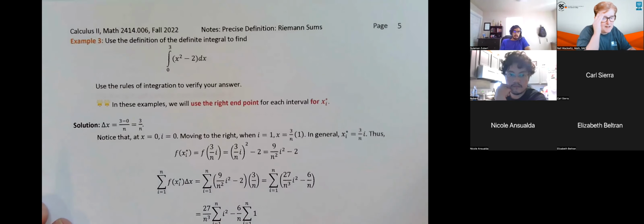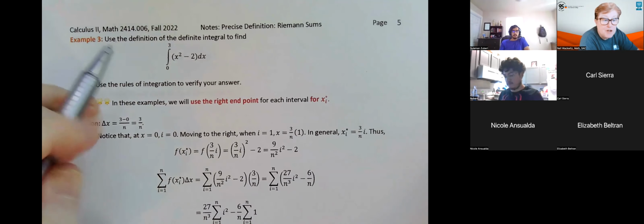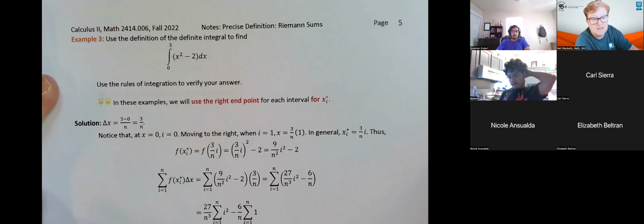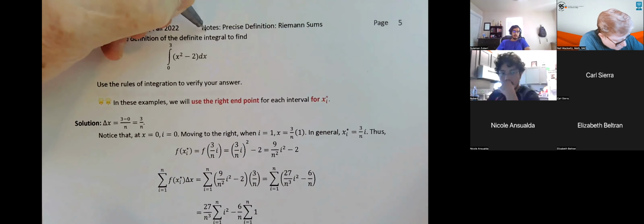All right, let's look at example 3. We want to use the definition of the definite integral. That's the Riemann sum definition.